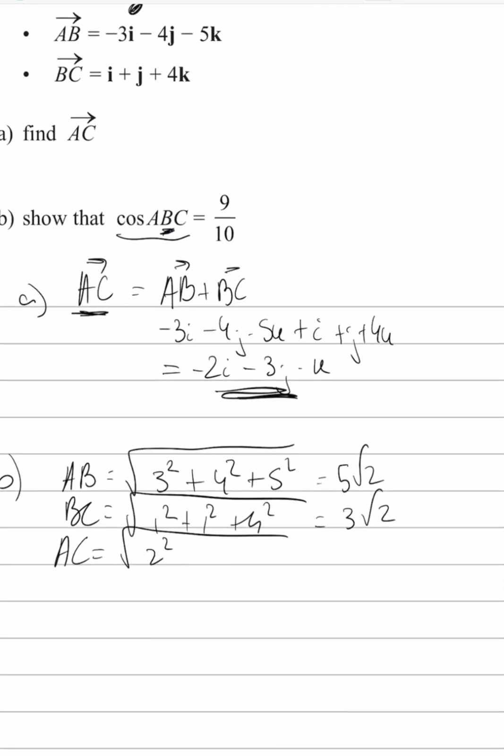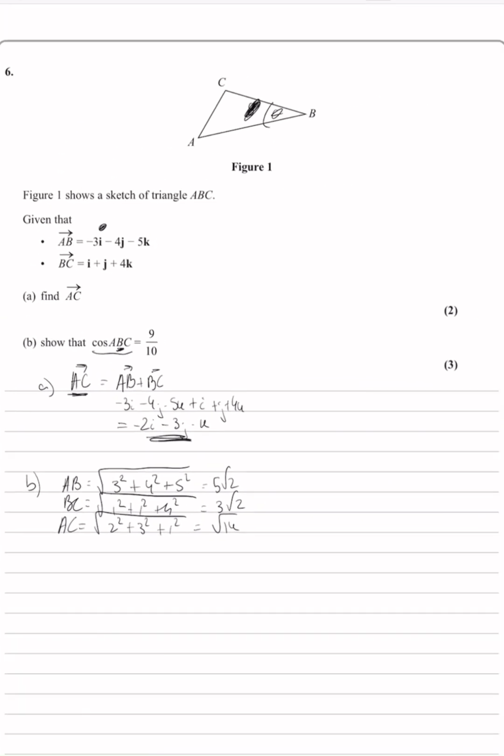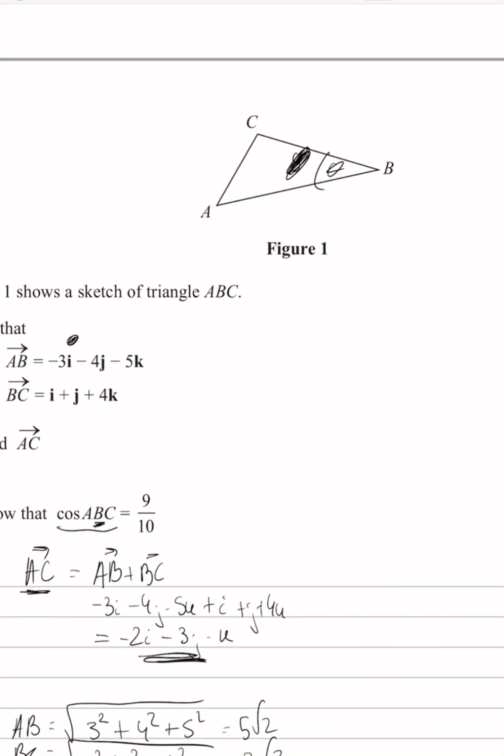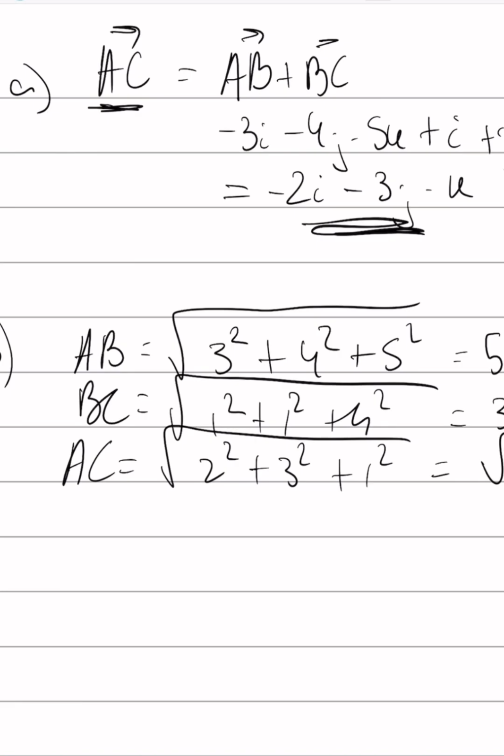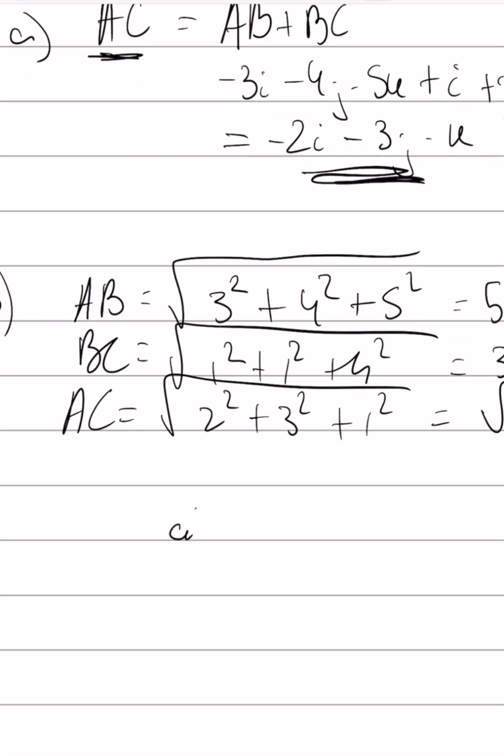which would be 2 squared plus 3 squared plus 1 squared, which will give us 4 plus 9 plus 1, the square root of 14. So if you label it, BC is 3 root 2, then we can just use the cosine rule, which would be a squared equals b squared plus c squared minus 2bc cos a.